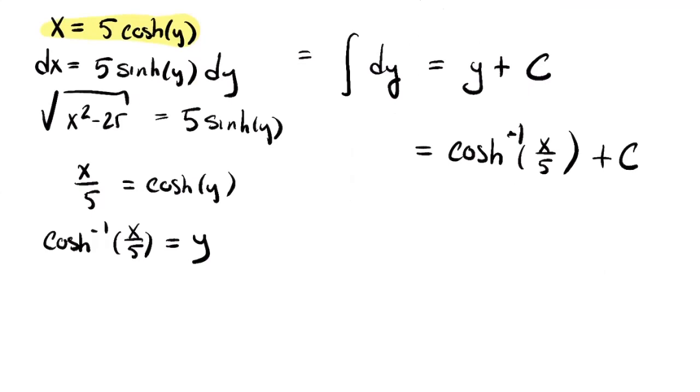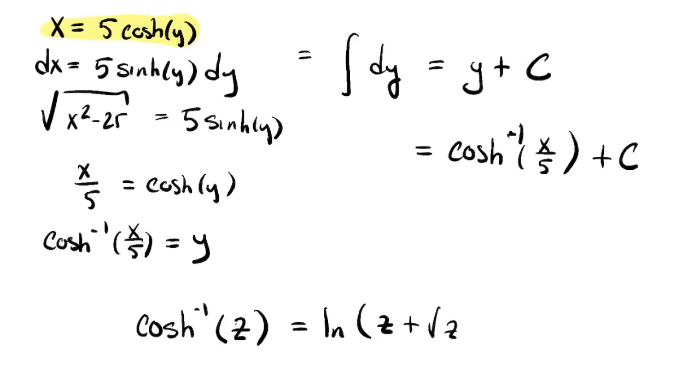I'm going to end here with a relationship. The inverse hyperbolic cosine of a value, let me call it z, just to have a different flavor of variable, is equal to the natural log of z plus the square root of z squared minus 1.